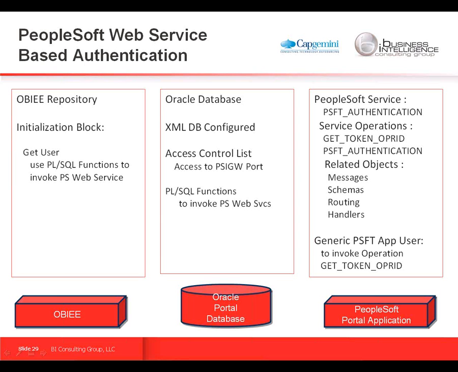Because we were on 11g and security was tightened at the database a bit more, we actually had to go in and do a database access control list to allow the Oracle database access to the PeopleSoft integration gateway, and then finally build some fairly simple PL/SQL functions to invoke those PeopleSoft web services.